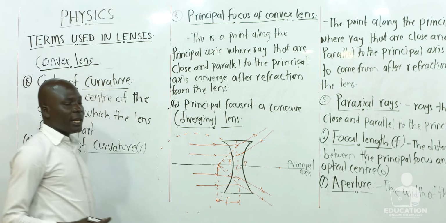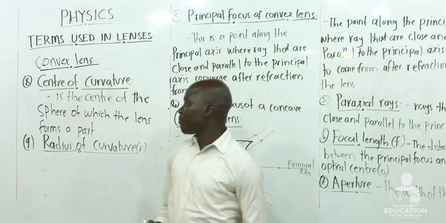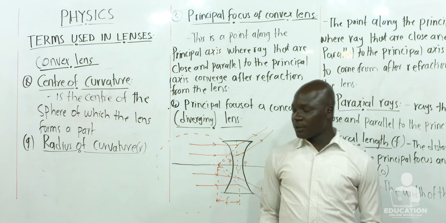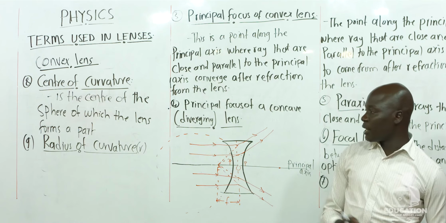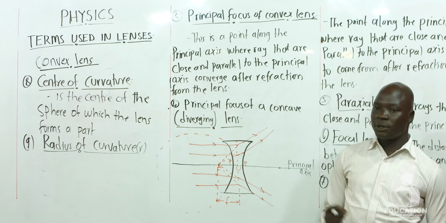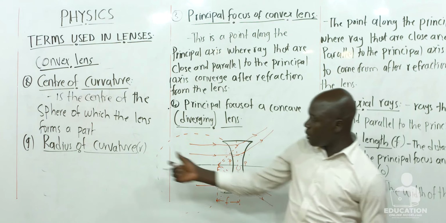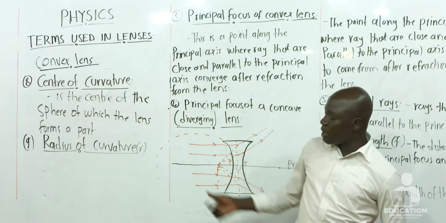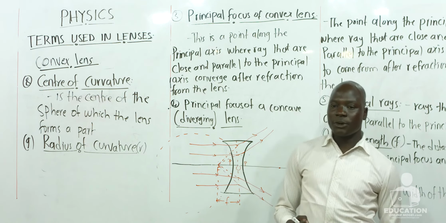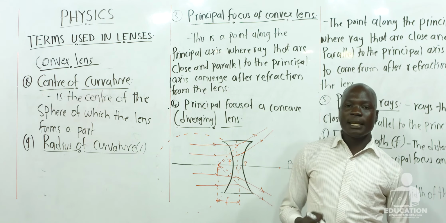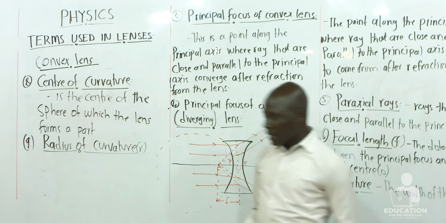As we are always dealing with circular or spherical surfaces, the distance from the center to any other point on that surface is called the radius. So as we are dealing with radius of curvature, we also mean the radius of the sphere of which the lens forms a part, or the radius of the sphere from which the lens has been cut.